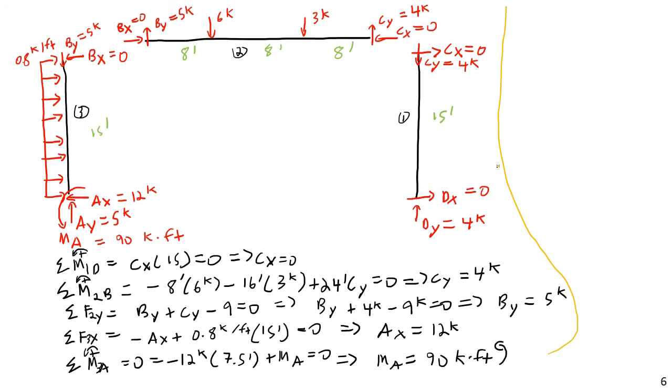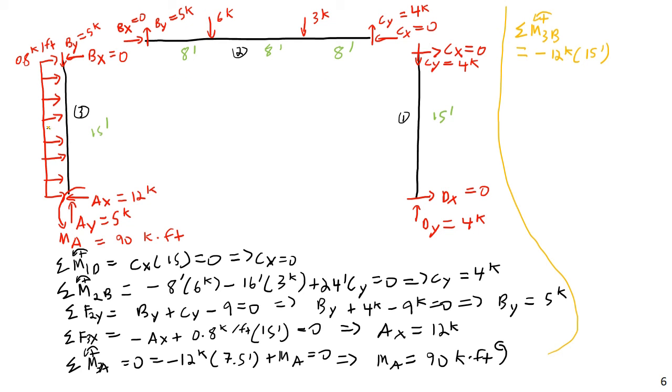Let's try that. Let's do a sum of moments on object 3 about joint B, counterclockwise positive. My BY and BX and AY won't generate any moment there. Then I will have, in the clockwise direction, so that'll be negative 12 kips times 15 feet, moment arm length of 15 feet.